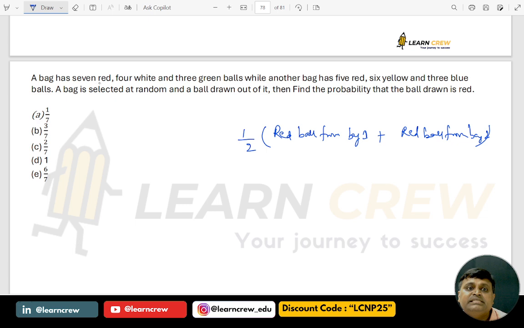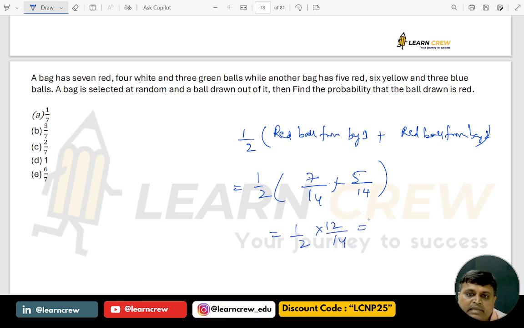A bag has 7 red, so it is half of total 7 red, 4 white, 3 green. So it is 7 by 14. 5 red, so it is 5 by how much? 5 plus 6, 11, 11 plus 3, 14. So 7 plus 5, 12 by 14. 1 by 2 into 12 by 14. So you will get 3 by 7. 3 by 7 is the answer.